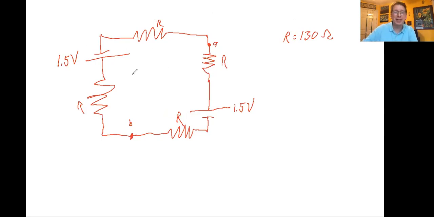And so you'd need to be mindful of that. You would need to set things up. So we have one loop, and both EMF sources point the same way. And so we'll draw the loop like that.